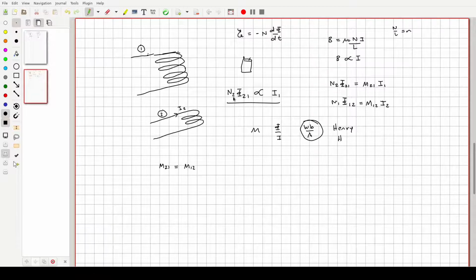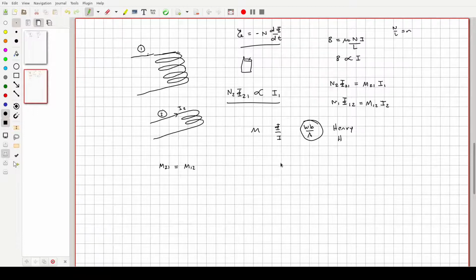All right, so mutual inductance is a very specific thing, and it's between things in the circuit. Now, you can relate this stuff to the EMF that's been generated through this right here. So, for example, and I'm just going to drop the subscript M21 and M12 because, like I said, they're the same.